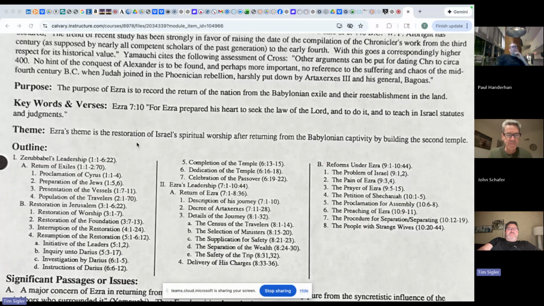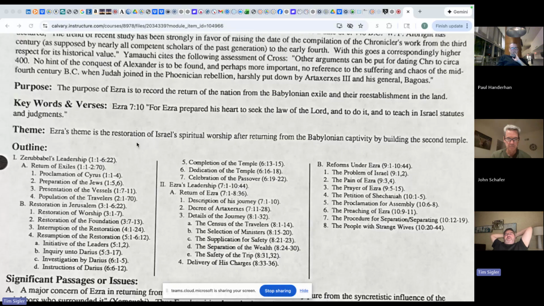Ezra's theme then is the restoration of Israel's spiritual worship after returning from the Babylonian captivity by building the Second Temple. I guess the last thing I want to say about Second Temple is that this also gives us a time period for the study of the Jewish people and Jewish literature that was exploding, if you will, a high point.